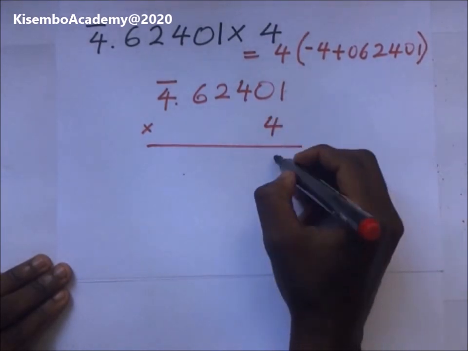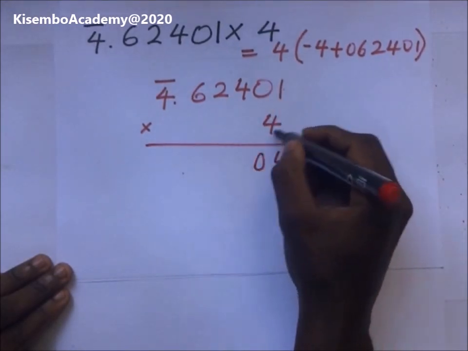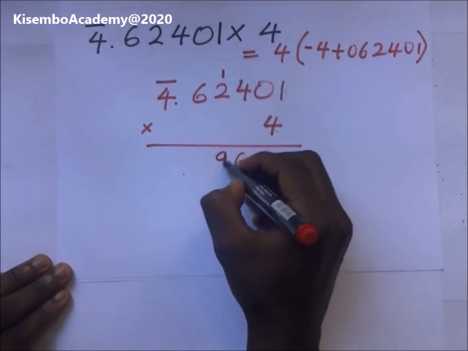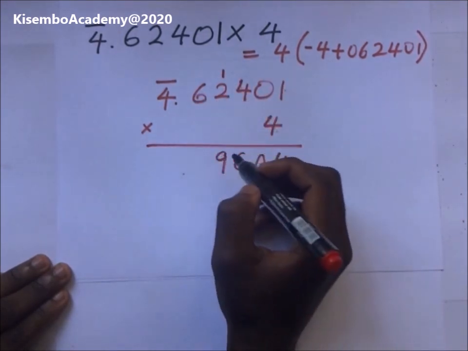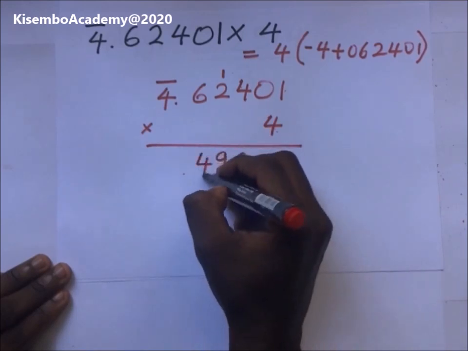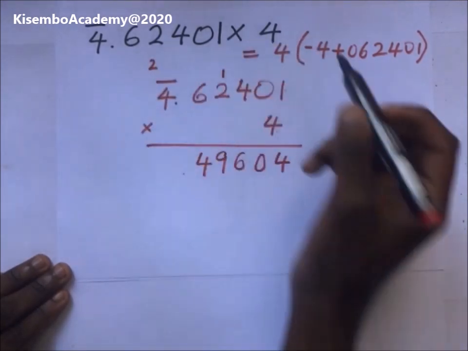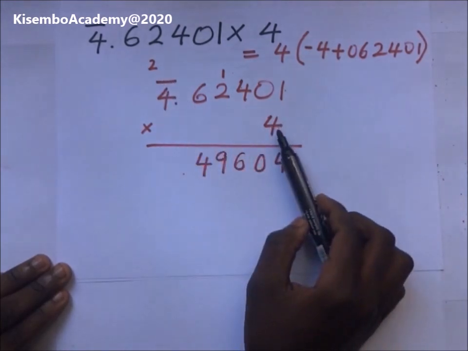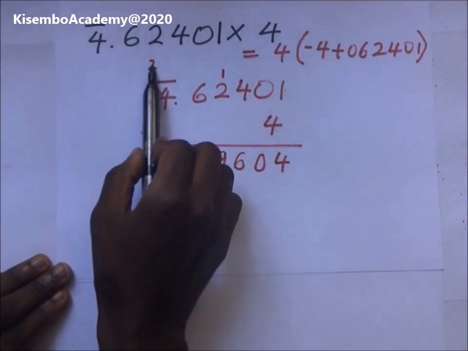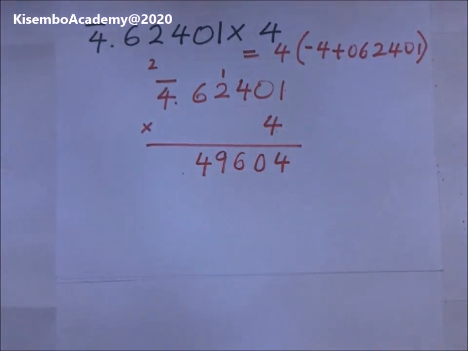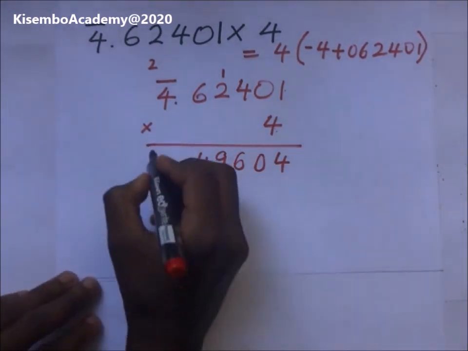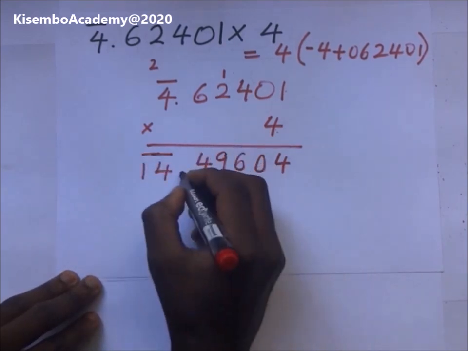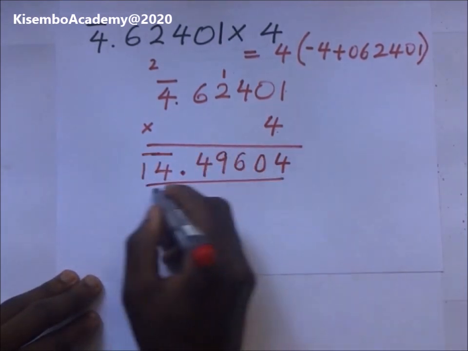So it's 4 times 1 is 4. 4 times 0 is 0. 4 times 4 is 16. So 6 carry 1. 4 times 2 is 8 plus 1 is 9. 4 times 6 is 24. So you write 4, you carry 2. So 4 times negative 4 is going to be negative 16. Negative 16 plus 2 is going to give us negative 14. So it becomes bar 14 point, like that.